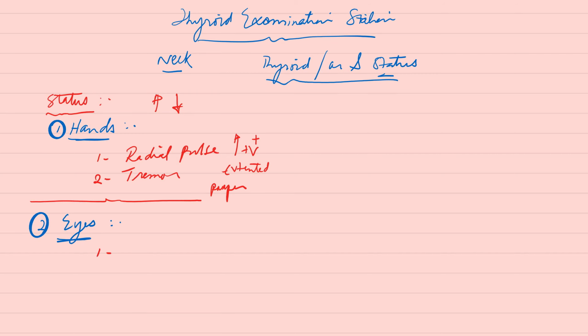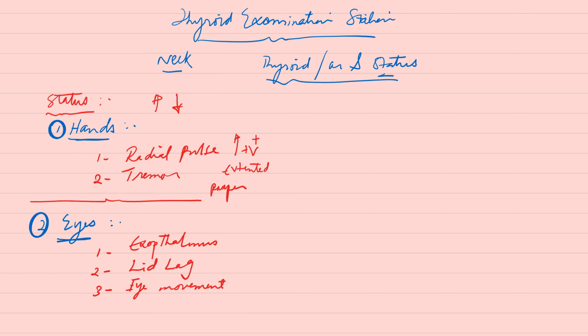Number one, we want to examine for exophthalmos. Number two, we want to examine for lid lag. And number three, we want to examine for the eye movement. So you have three things to test in the eye.